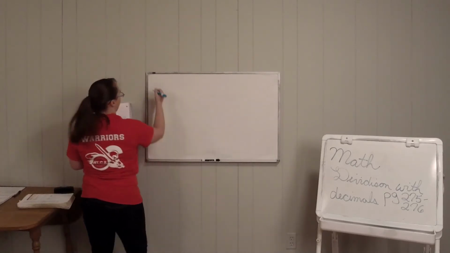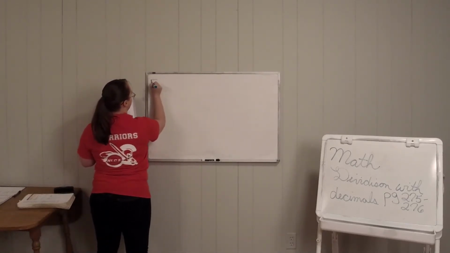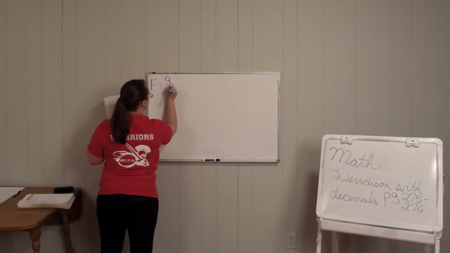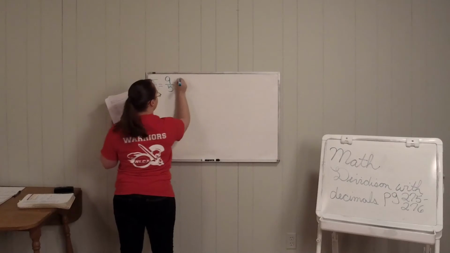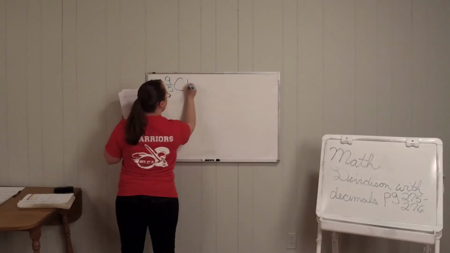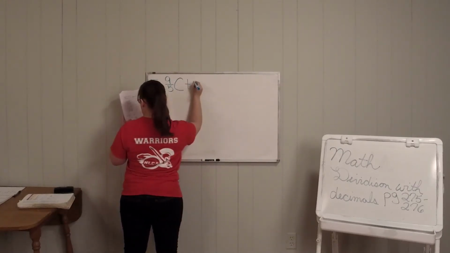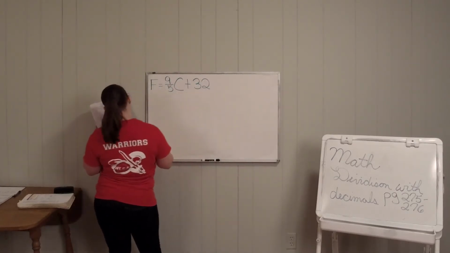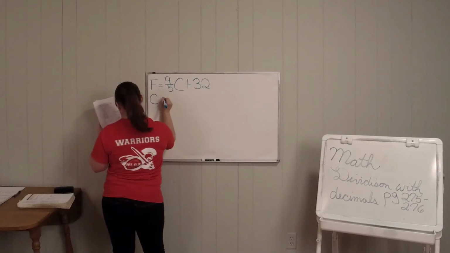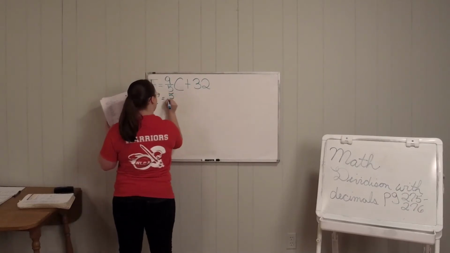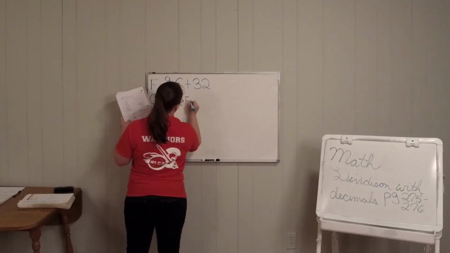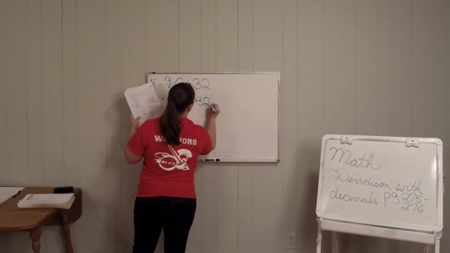So F equals 9/5 C plus 32. C equals 5/9 (F minus 32).